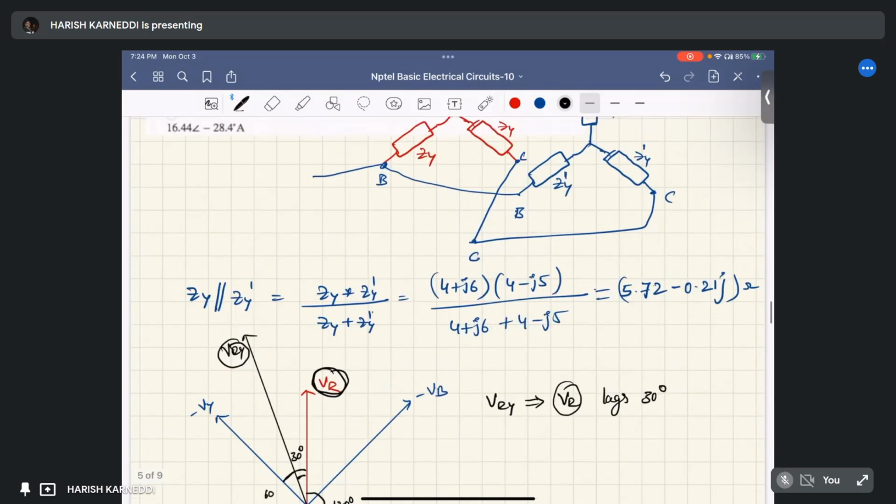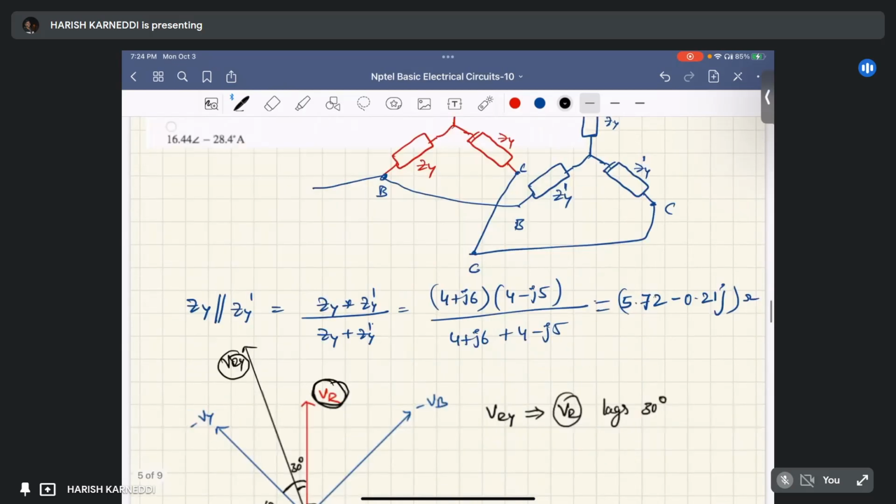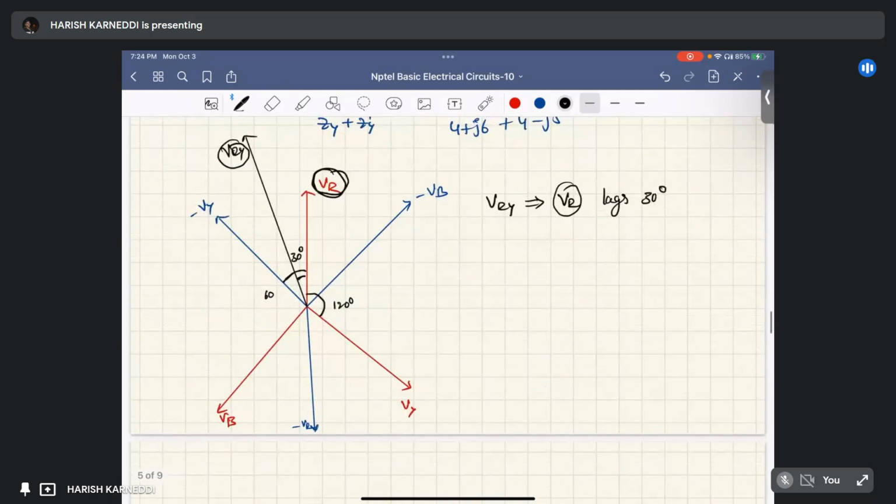So to convert these voltage sources into phase voltages, we have to divide by root 3, means VA or VR is 440 by root 3, lagging angle minus 30 degrees, right?